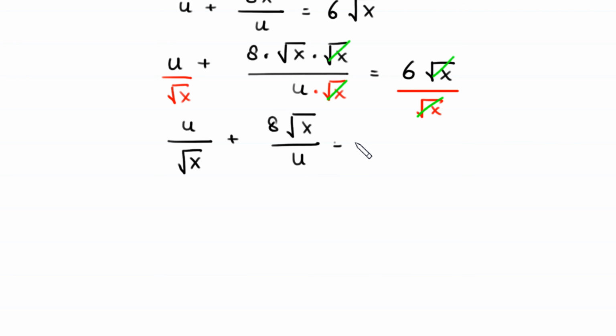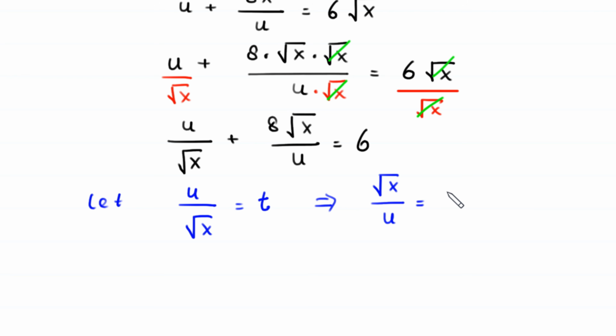From here we suppose that u over root x equal to t. If we take the reciprocal on both sides, this implies that root x over u equal to 1 over t. So the equation will become t plus 8 over t equal to 6.